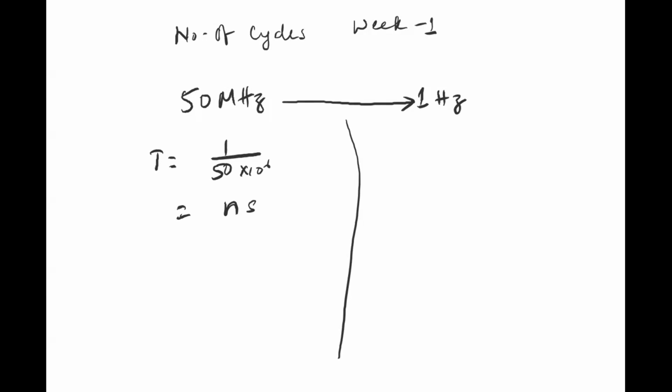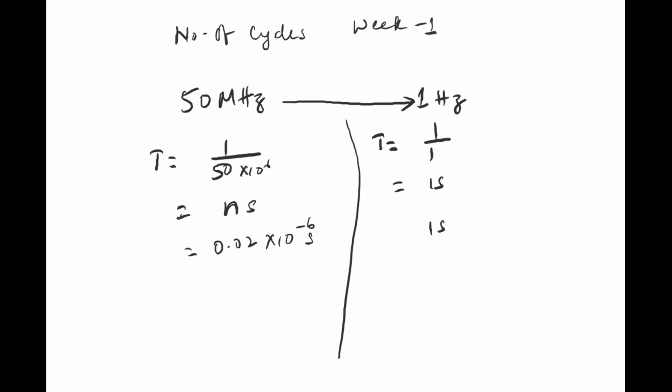We know that 1 by 50 is 0.02 into 10 power minus 6 seconds. And then the time period of this 1 hertz clock is 1 by 1, which is 1 second. So we have 1 second of time.